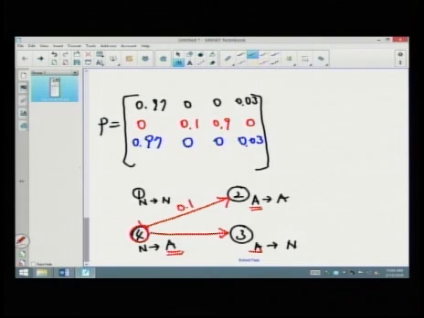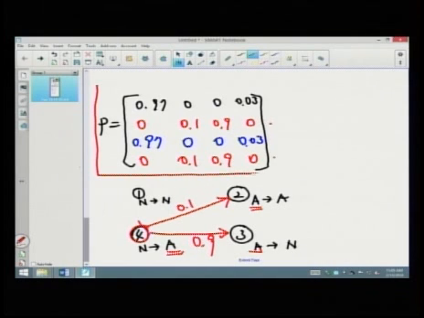This is 0.1, and then 0.9. Is that right? So these are exactly the same as this: 0, and then 0.1, 0.9, and then 0. Okay? So we have constructed the one-step transition probability matrix, P.